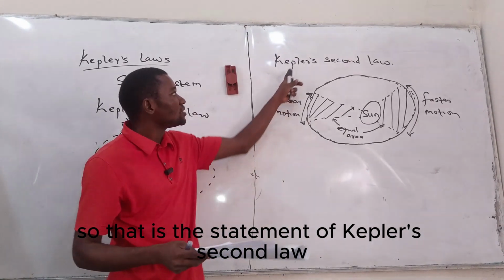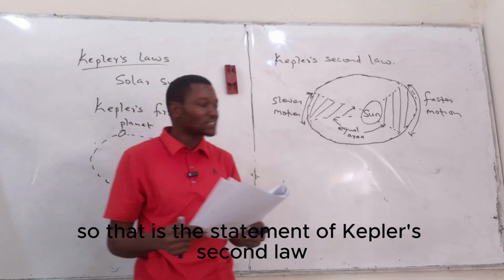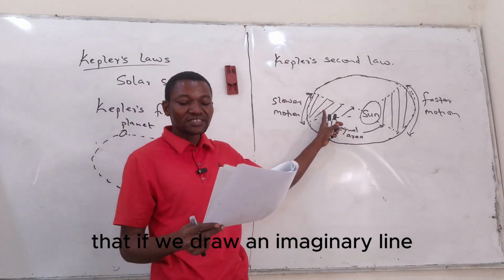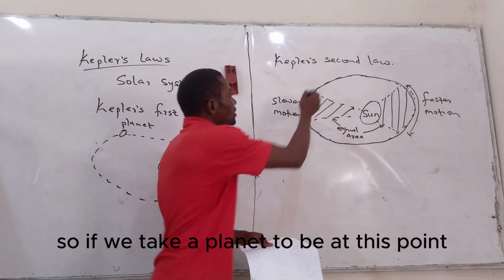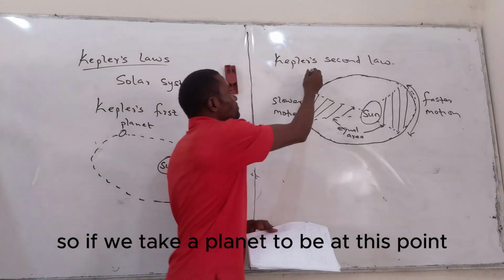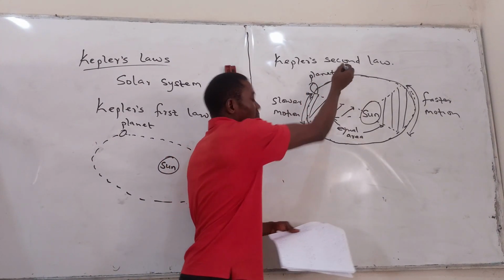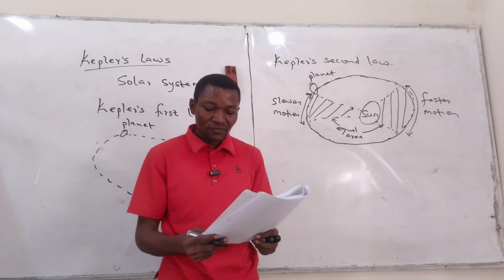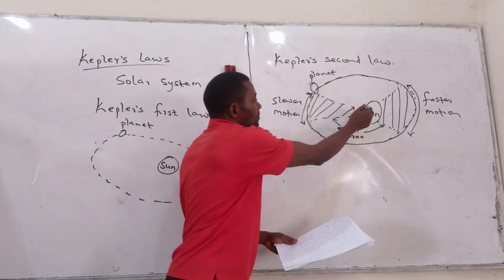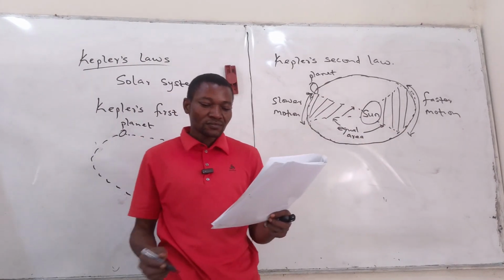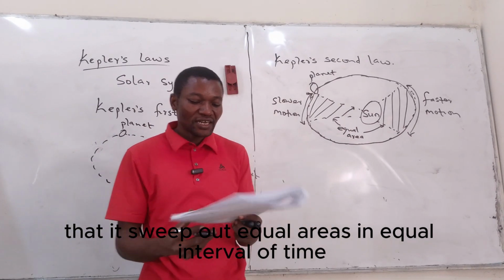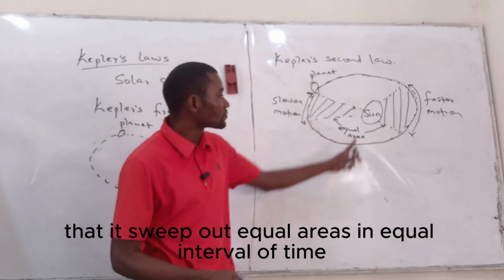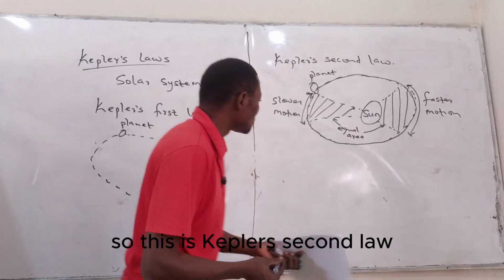So that is the statement of Kepler's second law, that if we draw an imaginary line from the center of a planet to that of the sun, it sweeps out equal areas in equal interval of time. So this is Kepler's second law.